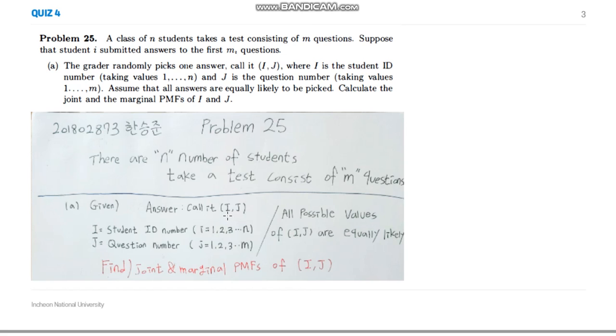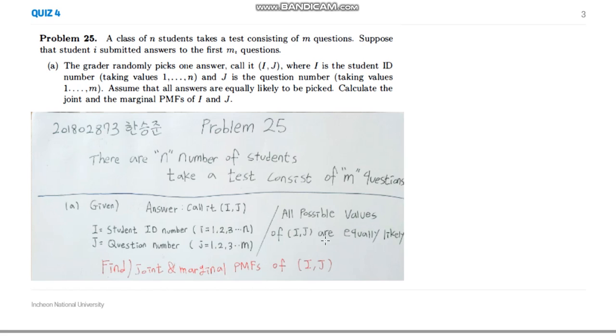Here I is the student ID number, and small i is 1 to n. And here J is the question number, and small j is 1 to m. And here is the big information: all possible values of (i, j) are equally likely.